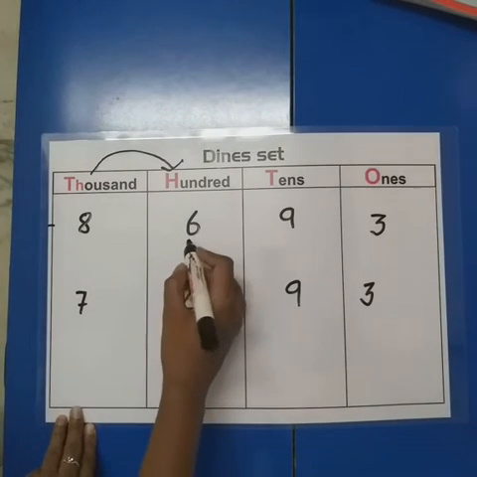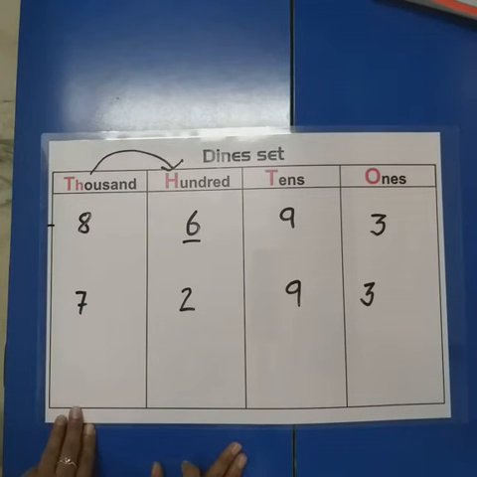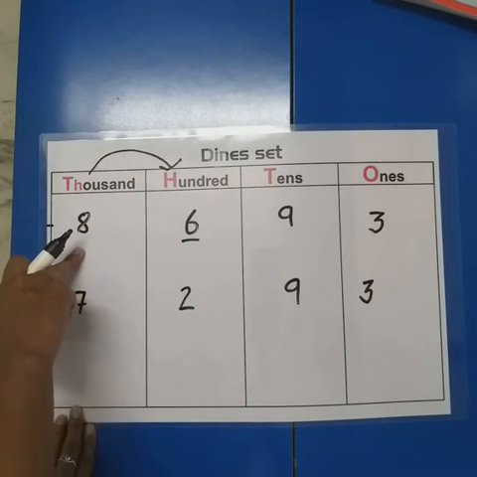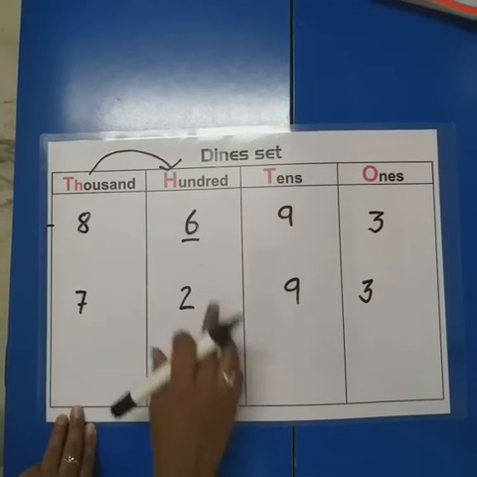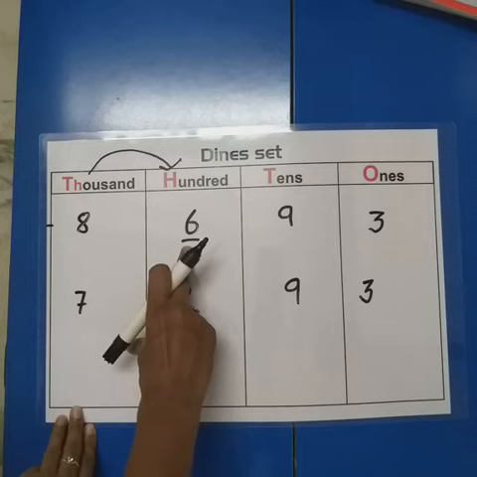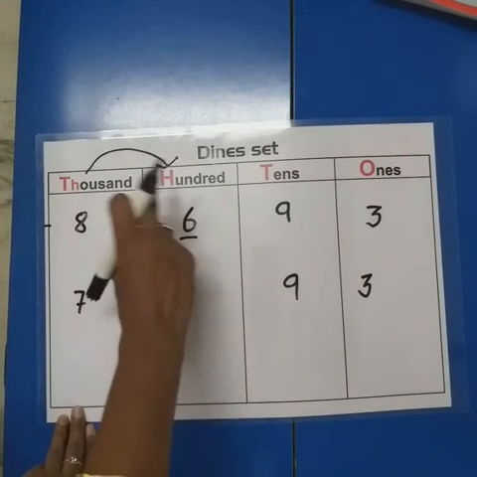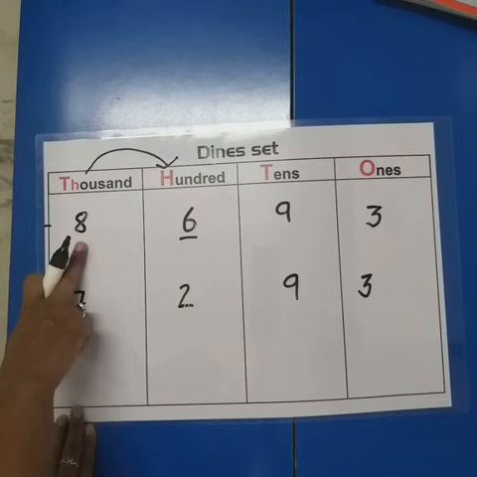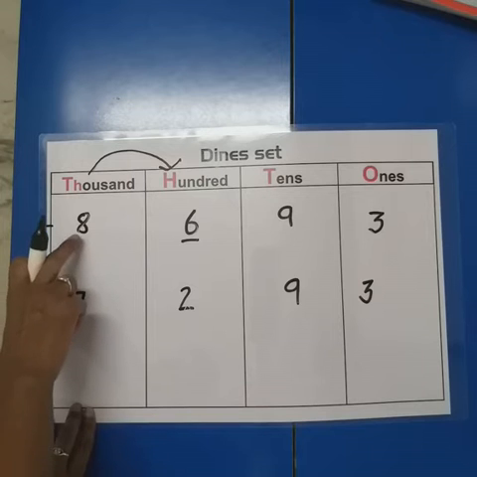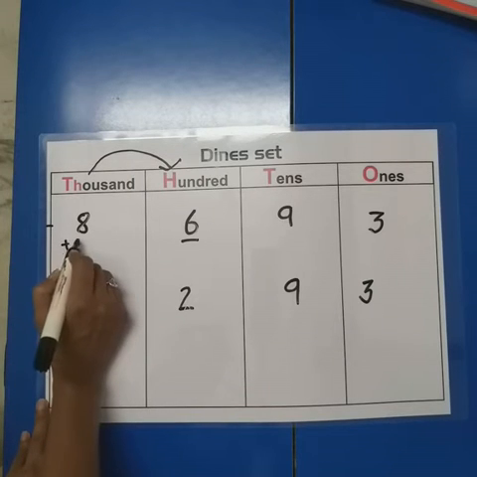If we have 5 or more than 5 at the hundreds place, then we will change the thousands place. Now see, at the hundreds place we have 6, that is more than 5. So we will change the 8. We will add 1 in the thousands place.